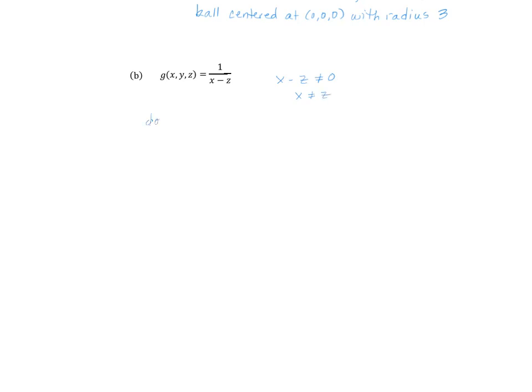So the domain of my function g is the set of all ordered triplets x, y, z. And notice that in the definition of my function, there's no y value there, which is fine. I know that it's an ordered triplet because that's how the function is defined, such that x is not equal to z.